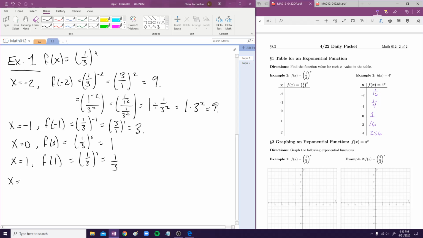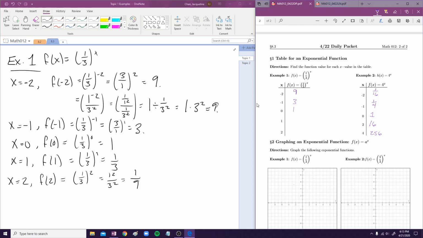And lastly x equals 2, that's f of 2, which is equal to (1/3) squared, which is 1 squared over 3 squared, which is 1 over 9. So our final answers: when x is equal to -2, f of x equals 9. For -1 we get 3, and then for 0, 1, and 2 we get 1, 1/3, and 1/9.